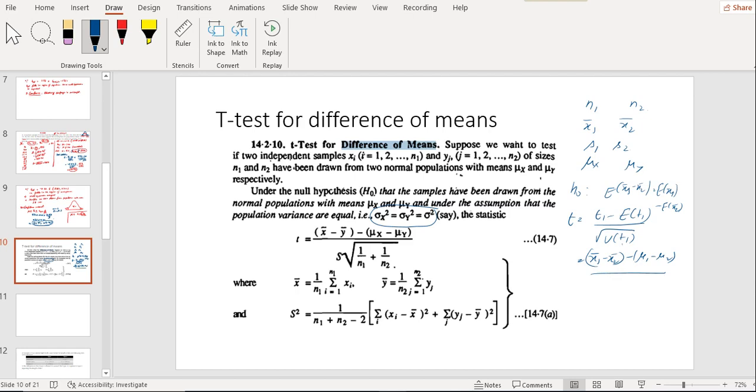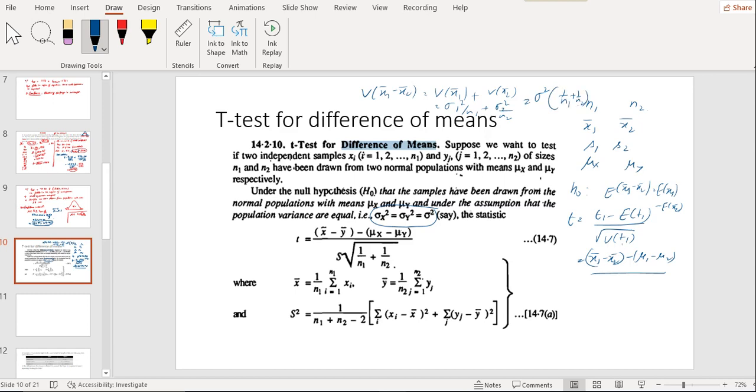And the variance, now because they are independent, so variance of x1 bar minus x2 bar is variance of x1 bar plus variance of x2 bar. So in this case it is sigma 1 square upon n1 plus sigma 2 square upon n2. But because we are assuming that their population variance is same, so sigma square is taken outside, 1 upon n1 plus 1 upon n2.